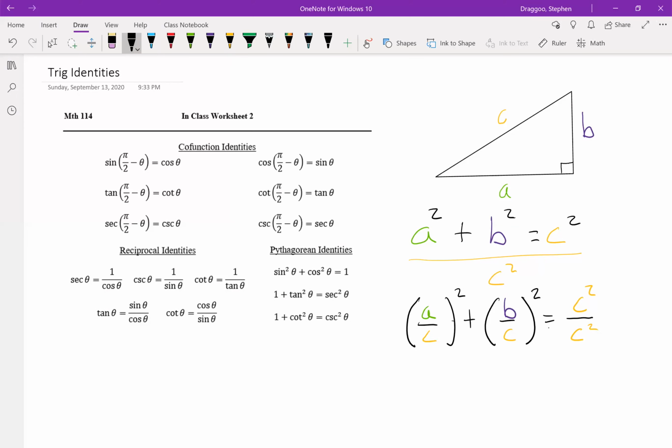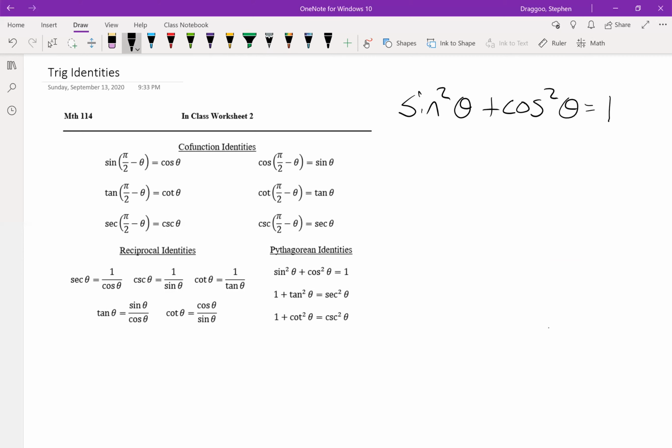Meaning that one of these must come out to the sine of an angle theta, while the other works out to the cosine of theta. And c squared over c squared is just 1, giving us the first Pythagorean identity.